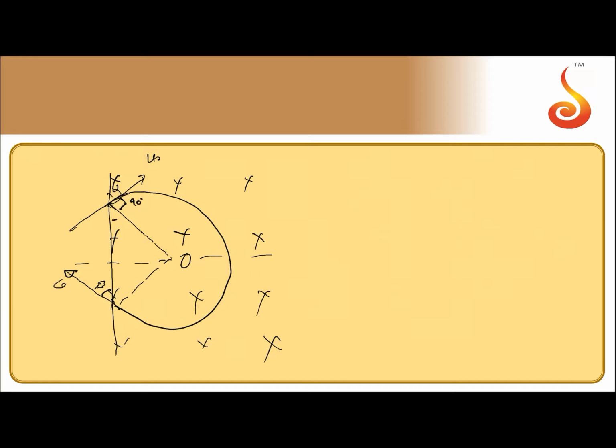So obviously this angle is 90 minus alpha, and if this angle is beta, this angle is going to be 90 minus beta. This is the radius, this is the radius. So here OPQ is an isosceles triangle, so angles at the base will be equal. So 90 minus alpha must be equal to 90 minus beta. So therefore alpha will be equal to beta. So option A is correct.